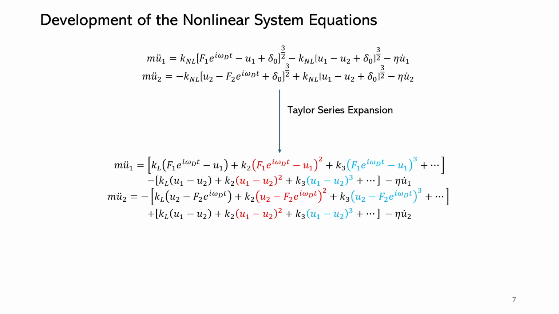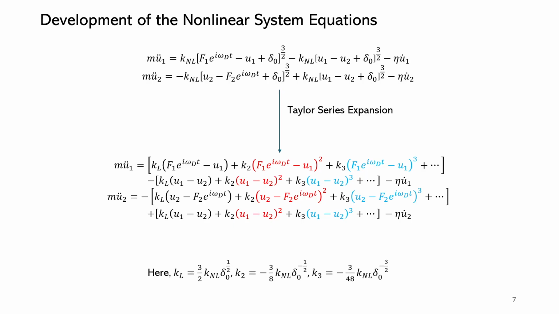This is to create a theoretical model for our granular beads system. I'm not going into the detail of the derivation, but here we are applying the Taylor series expansion to the main equation, and this is the expanded equation that we can find over here.